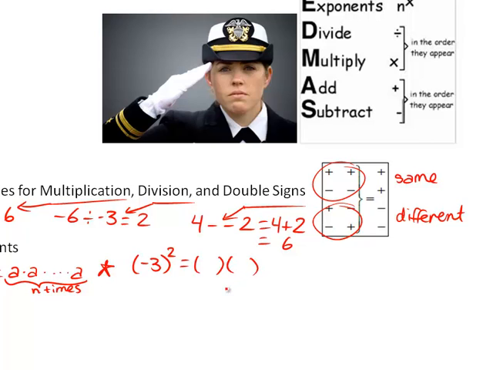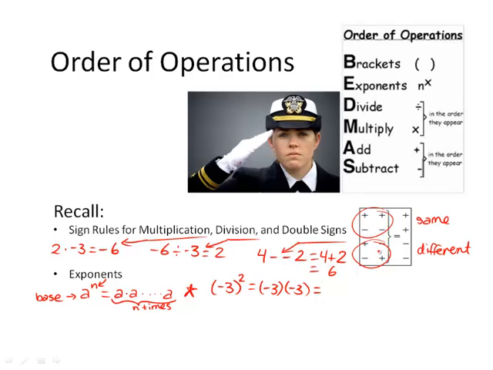Bracket times bracket, -3 times -3 gives you, by the sign rule, +9. However, if you didn't have the bracket, careful here. The square is right on the 3, so the square is only applying to the 3. So the negative hangs out, and then you have 3 times 3, giving you -9.